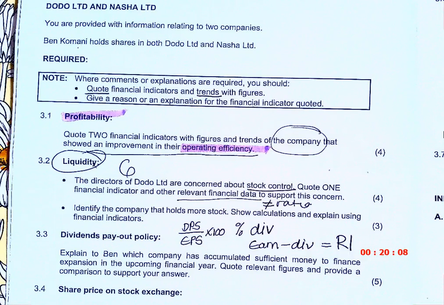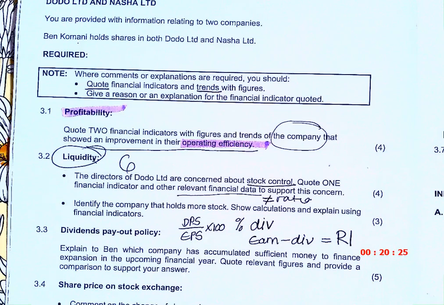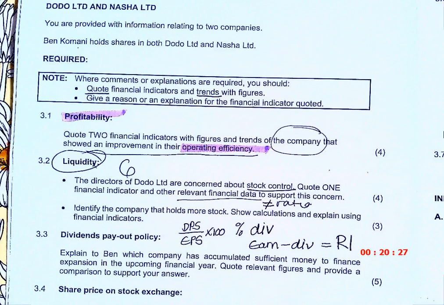If I pay out more than I retain, I want to keep shareholders happy. But if my retained is suddenly way more, it means I'm holding money back for a reason, and usually it's to expand or because of uncertainty.